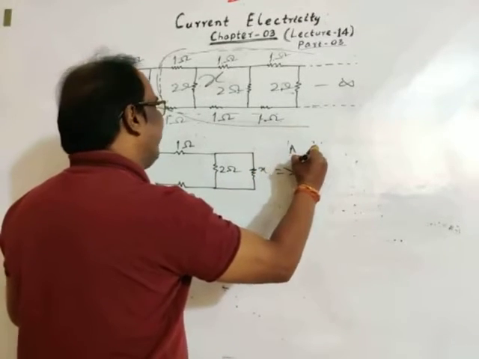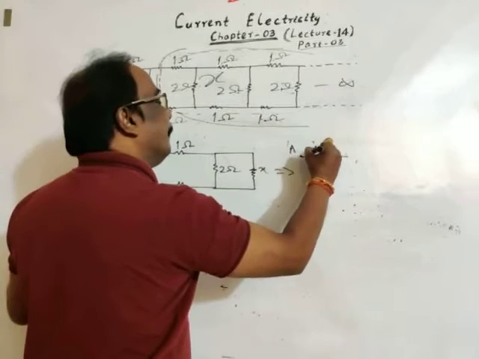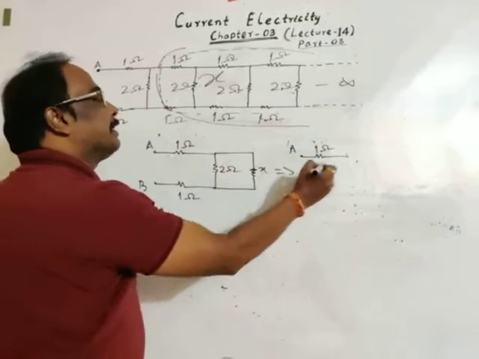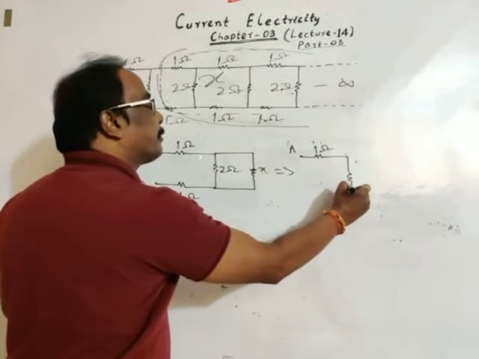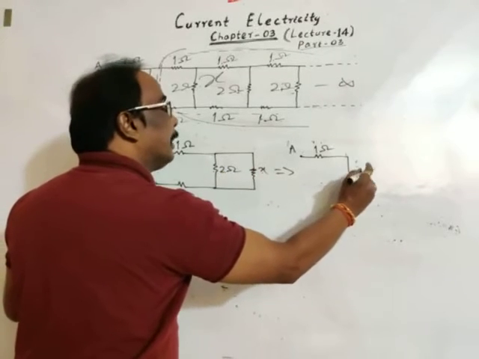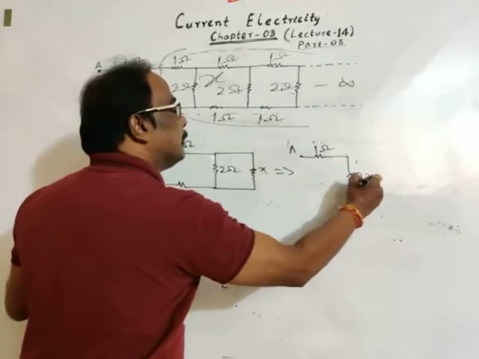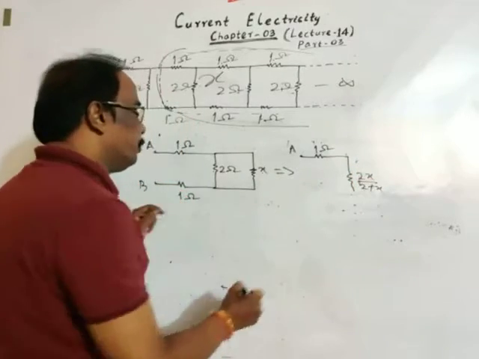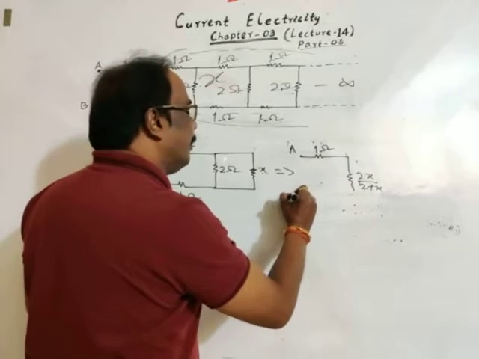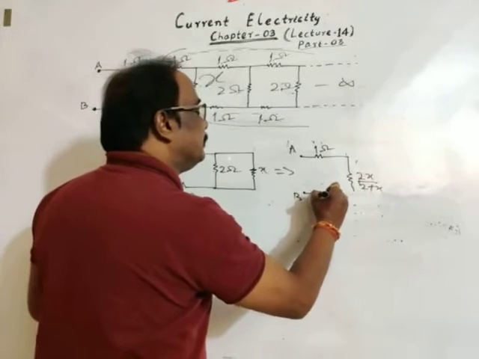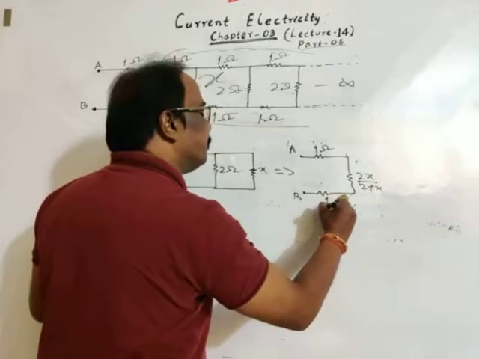Starting from A, 1, then 2 and X in parallel, so that will be 2X divided by 2 plus X, R1 R2 divided by R1 plus R2, and finally this is terminal B and this resistance is 1 ohm.